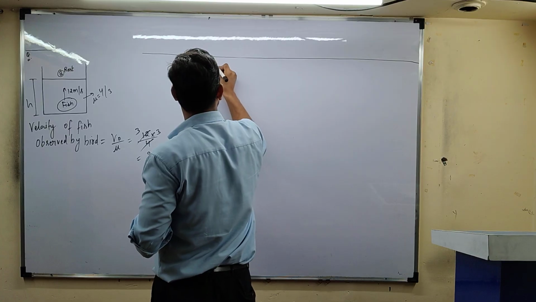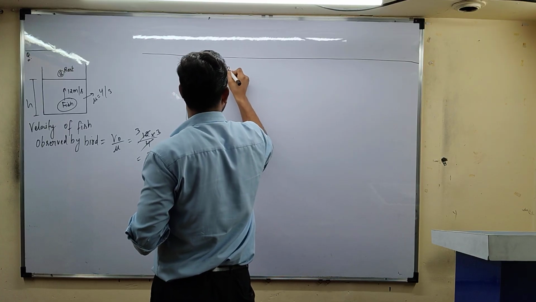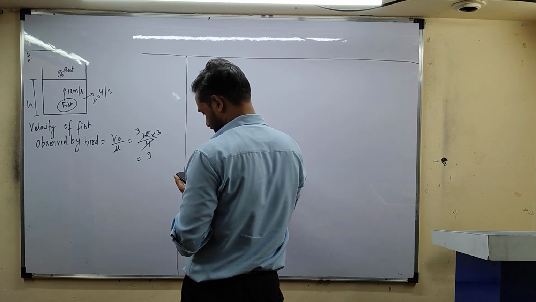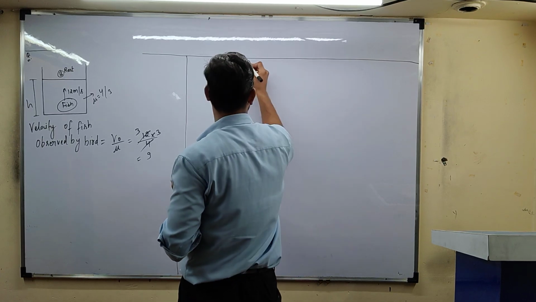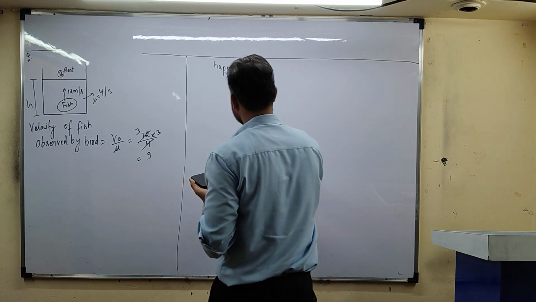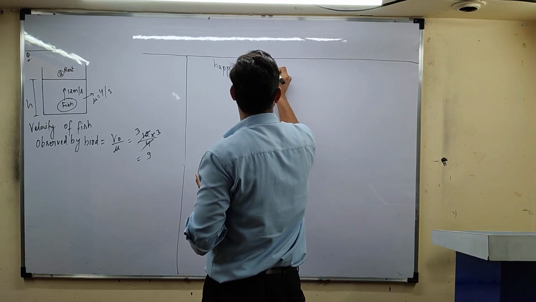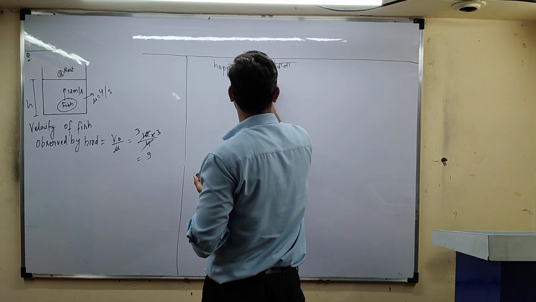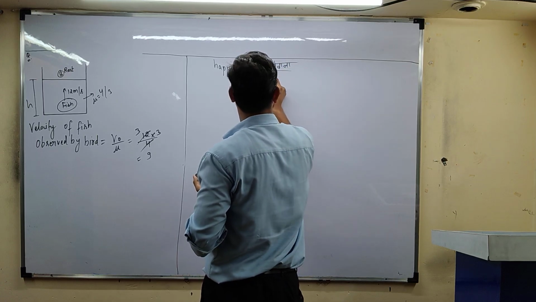Okay, write both the formulas in one place. H apparent equals H naught mu जाने वाला upon mu आने वाला.